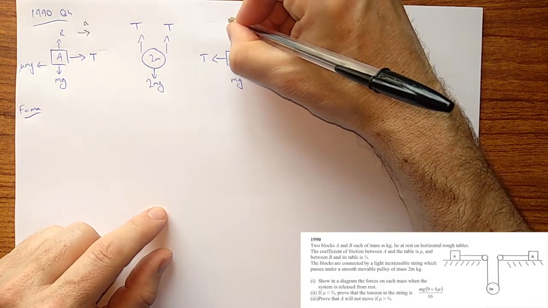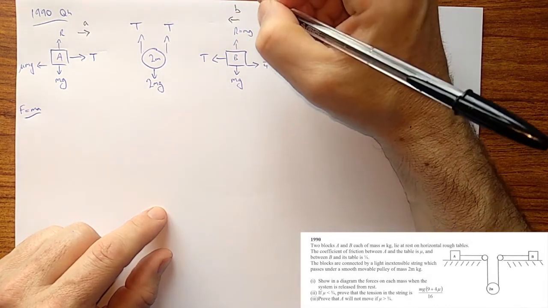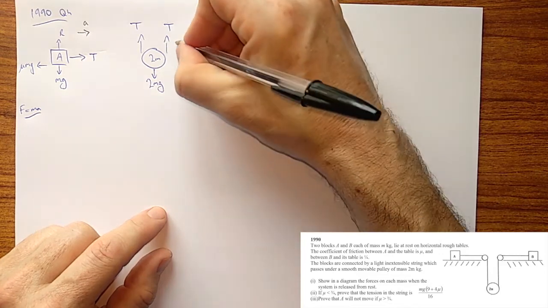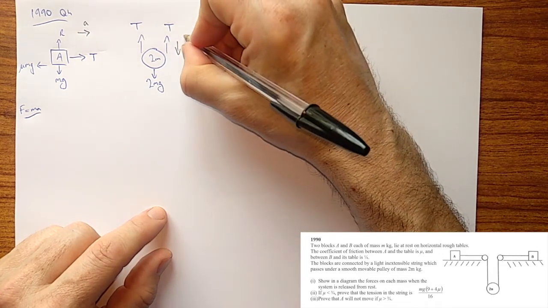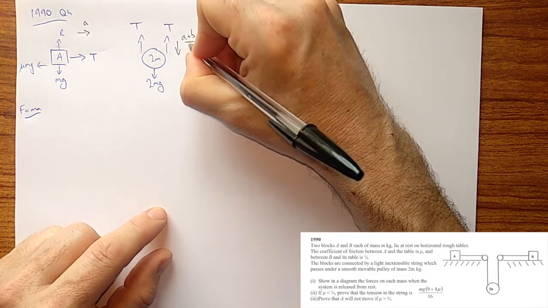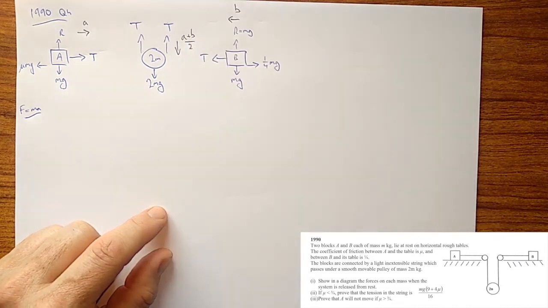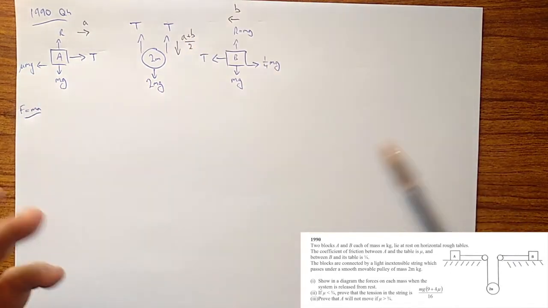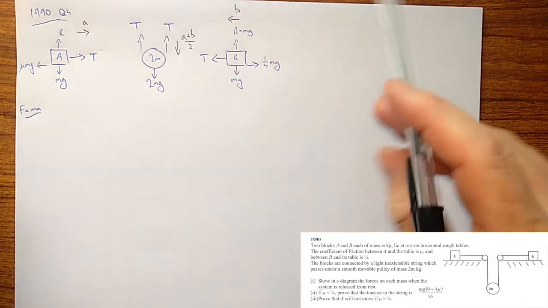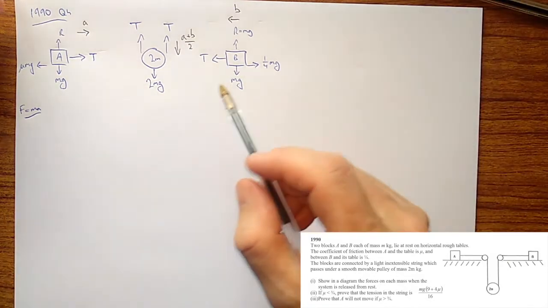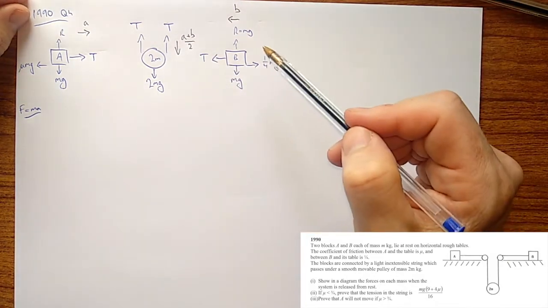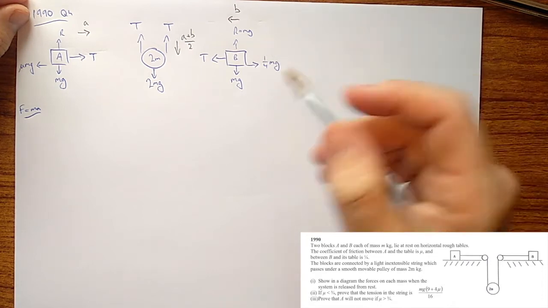B is going to the left with acceleration b, which means that the pulley is going down with acceleration (a plus b) over 2. They all contribute a little bit to it. So that's how we figure out our accelerations and our motions. It doesn't matter if we're actually wrong on this one, we just end up with negative numbers for acceleration.